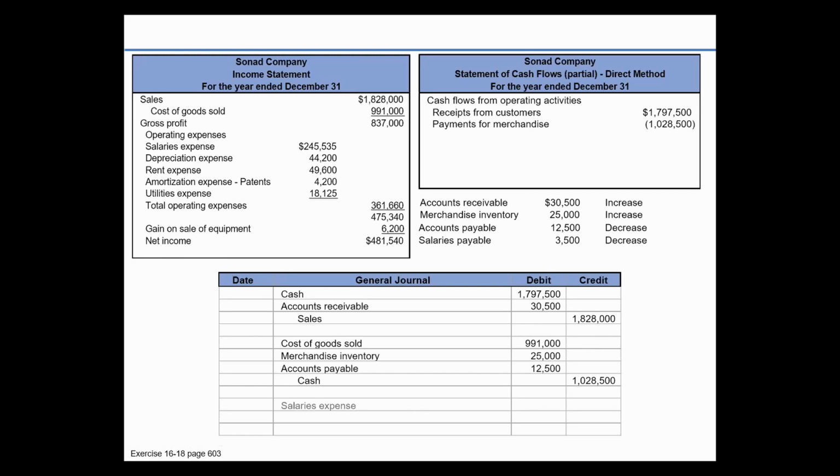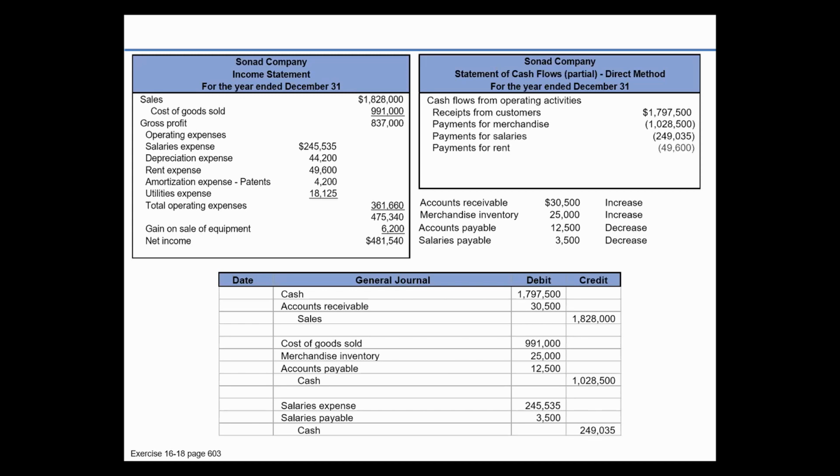Then we could figure out your salaries expense and what was paid. So you have salaries expense of $245,535, and then you had salaries payable of $3,500, and so then you have a cash outflow of $249,035.